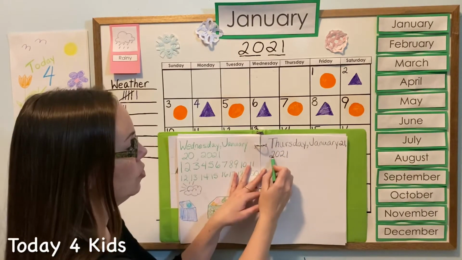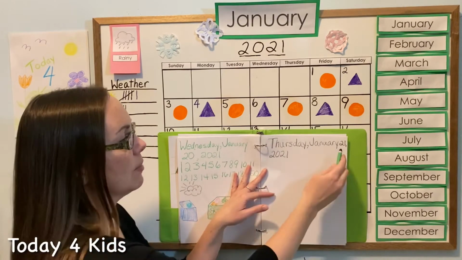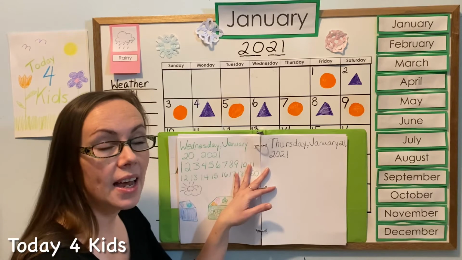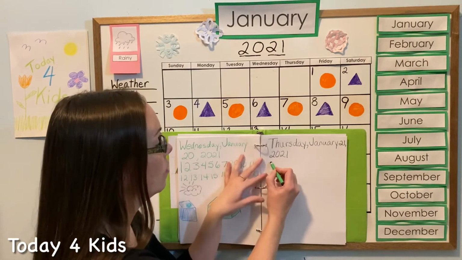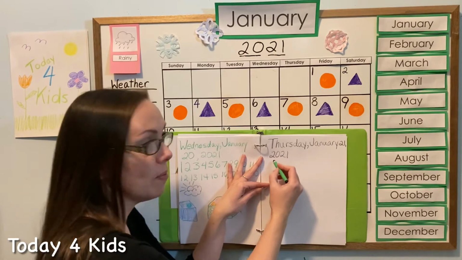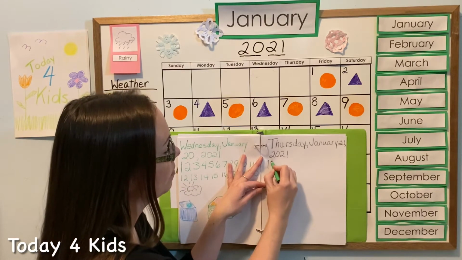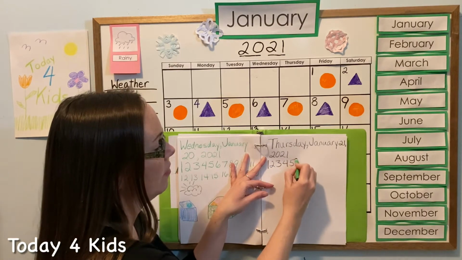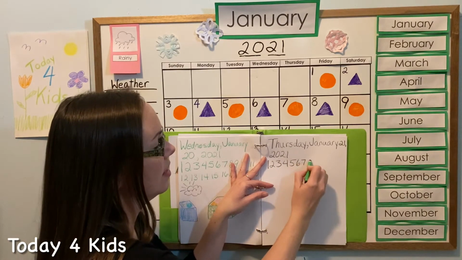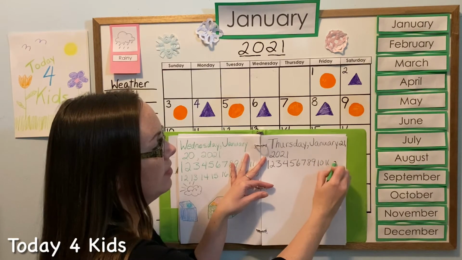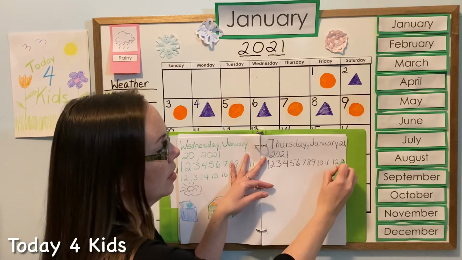2021. And I'm going to practice my numbers all the way up to 21 because it's the 21st today, and I want to practice my numbers every day. So you can count with me, and if you have your paper, you can practice making the numbers on your paper as well. 1, 2, 3, 4, 5, 6, 7, 8, 9, 10, 11, 12, 13.